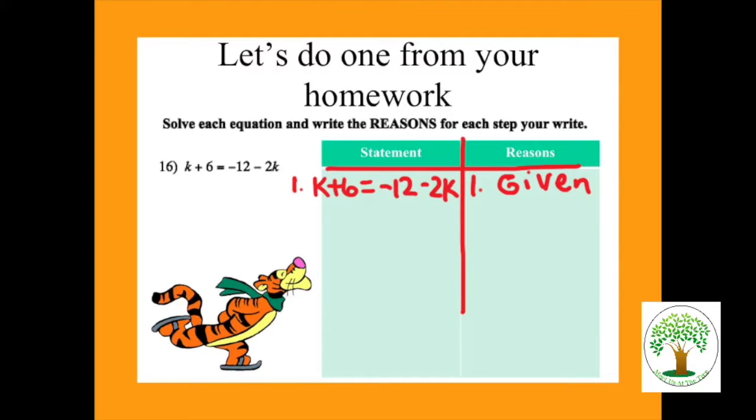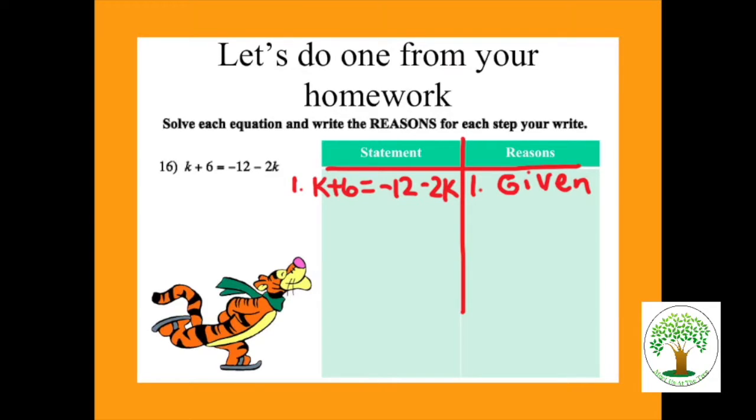What do I do to solve this first? What do you want to do? Add the 12. You want to add the 12 to the other side. You do not have to show your work on this. You get to show what the next step ends up being. So when I add 12 to this side, I'll be left with the negative 2K, and this will become 18.